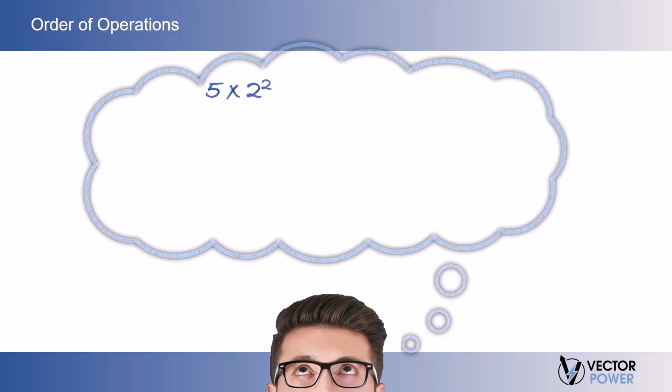Okay. Dealing with exponents, powers, or roots before multiplying, dividing, adding, or subtracting. So here we'll deal with the 2 to the power of 2. That would be 5 times 4, which would equal 20. And that would render the correct answer.